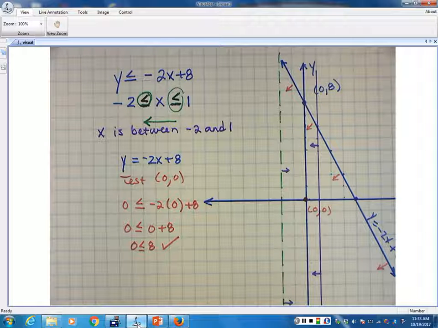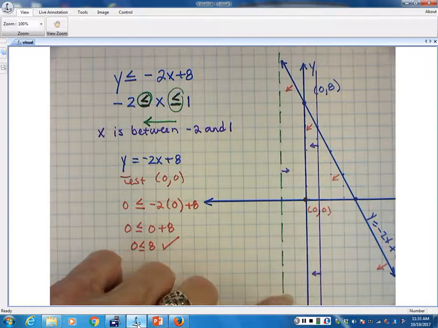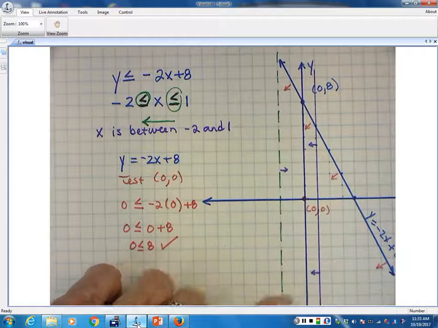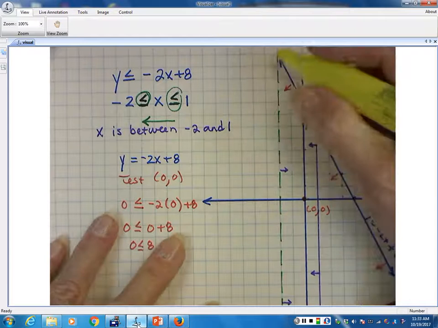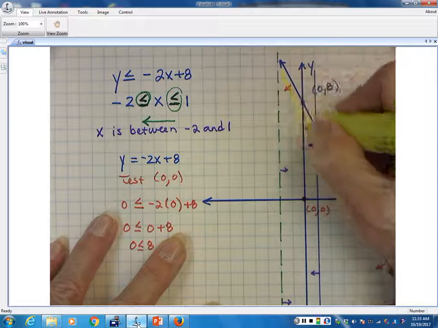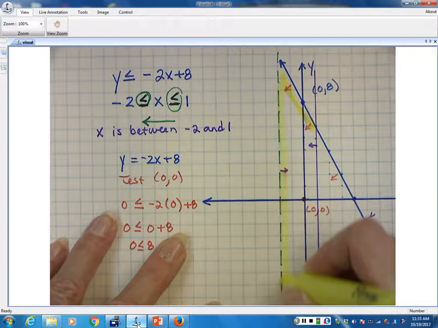So looking at only what's between these two lines and the fact that we want to be below that blue line, that tells us that the feasible region is only the part that's below this, but it's everything else in between these lines.